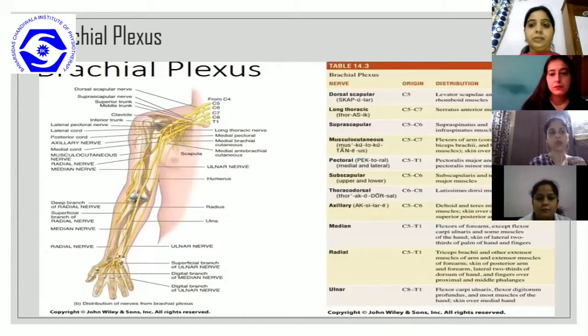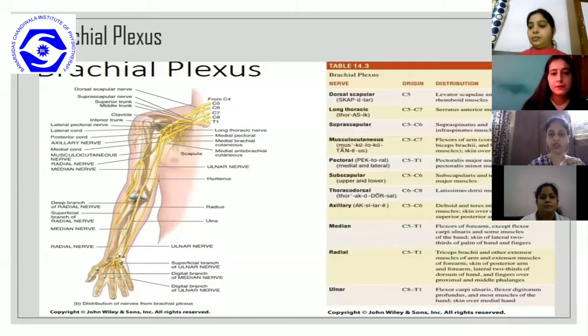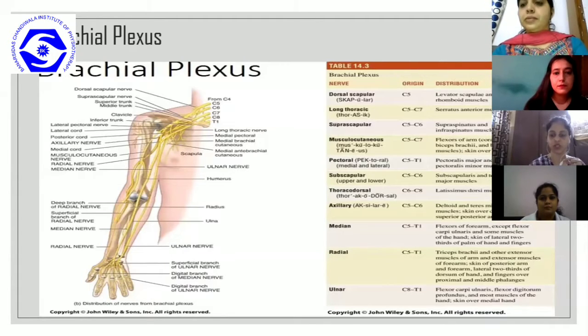We are talking about the brachial plexus because our arm is basically supplied by nerves coming from it. We'll be talking mainly about the median nerve with root value C5-T1, radial nerve C5-T1, and ulnar nerve C8-T1. We all know the functions and course of these nerves.